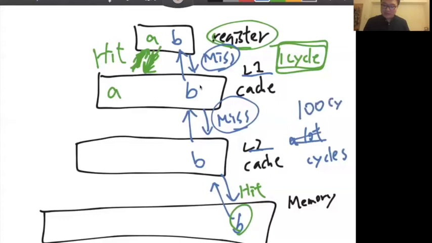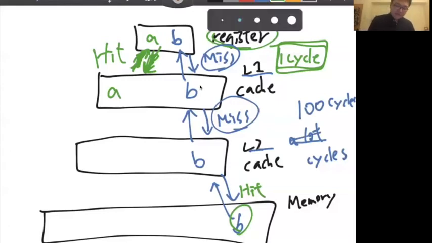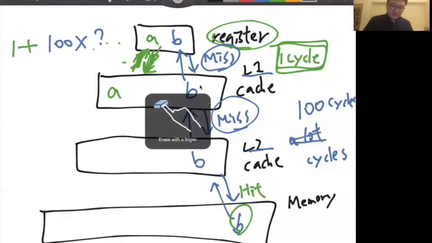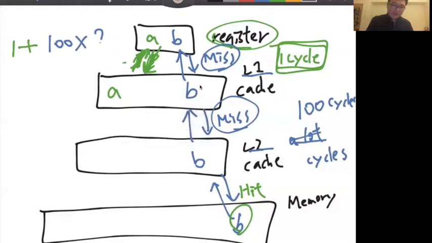In this case, you can see the average of this hit and miss is 1 plus something times 100. So this is the formula.